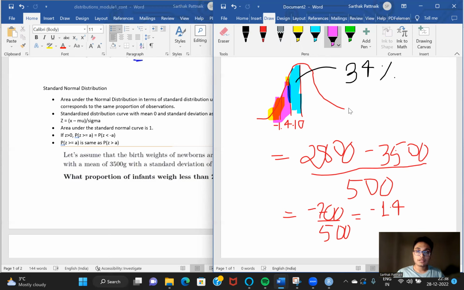So one thing that we can decipher is that the area we're looking for, which is painted in yellow, is less than 16%.